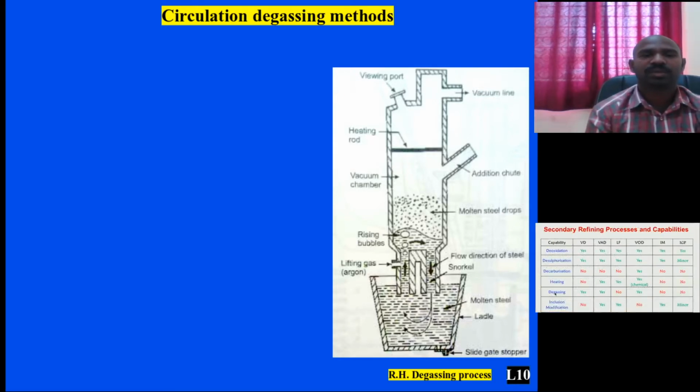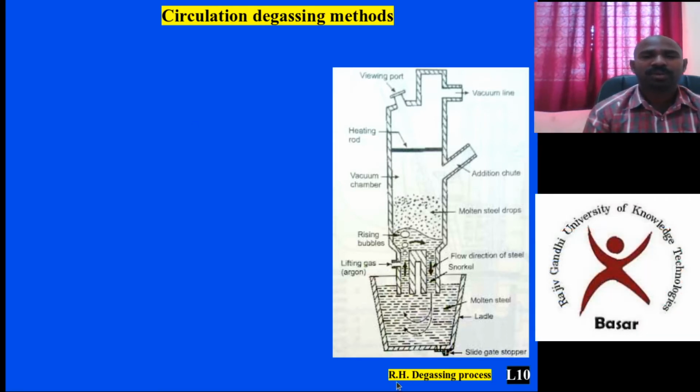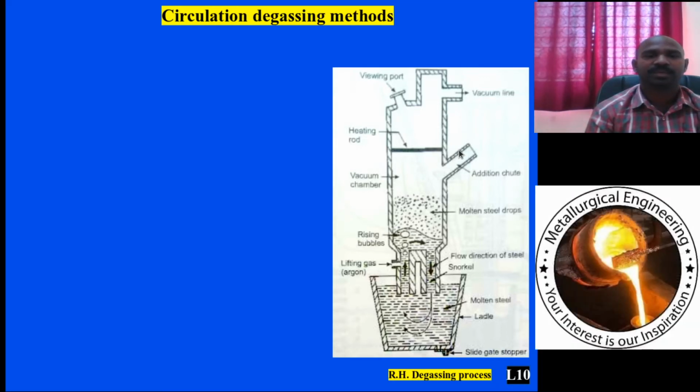The vacuum chamber is situated at the top. For example, in one of the processes, the RH degassing process, this is the vacuum chamber, which is refractory lined and continuously cooled. There will be a cooling chamber also.